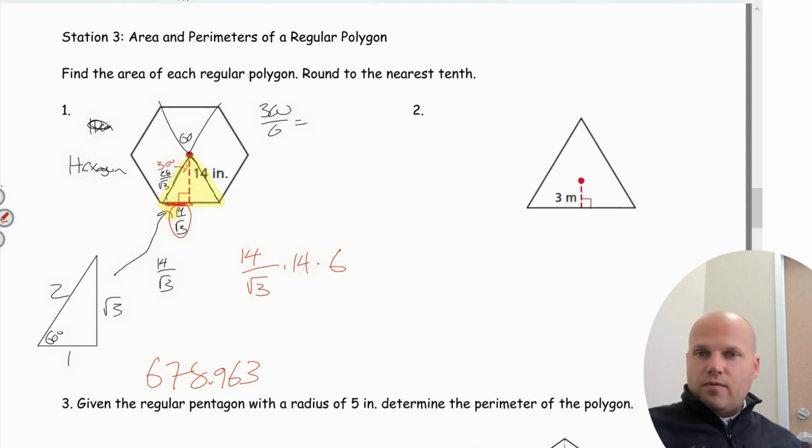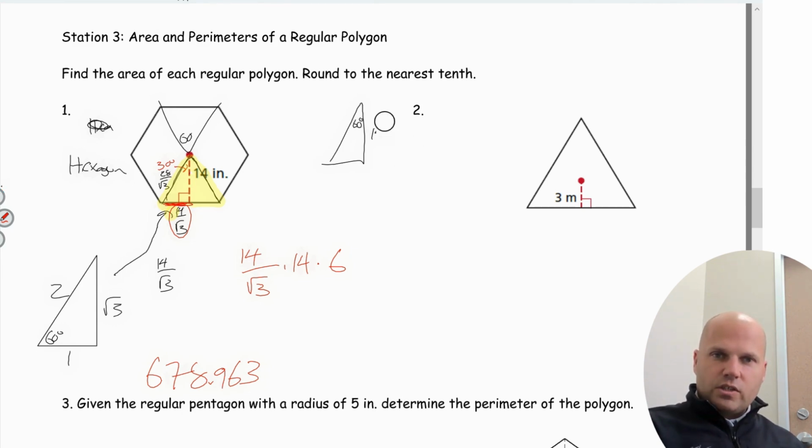But if you did not notice that it's 30, 60, 90 triangles, well, you would have to use trigonometry to find this base length. You know that this is 30 degrees or this is 60 degrees. This is 14 inches.